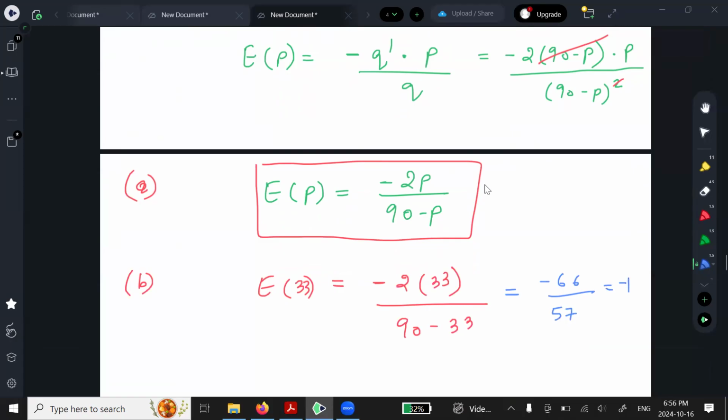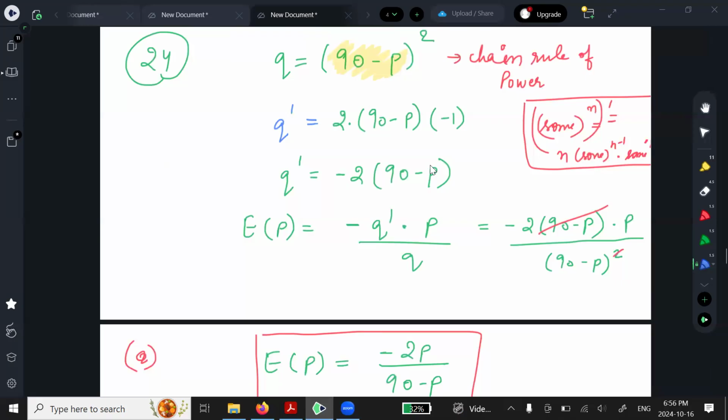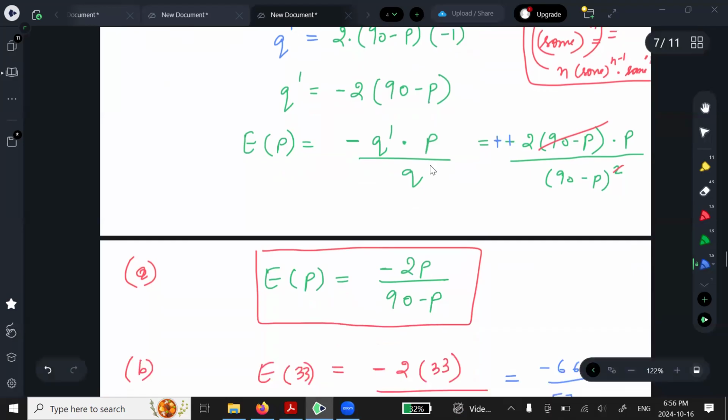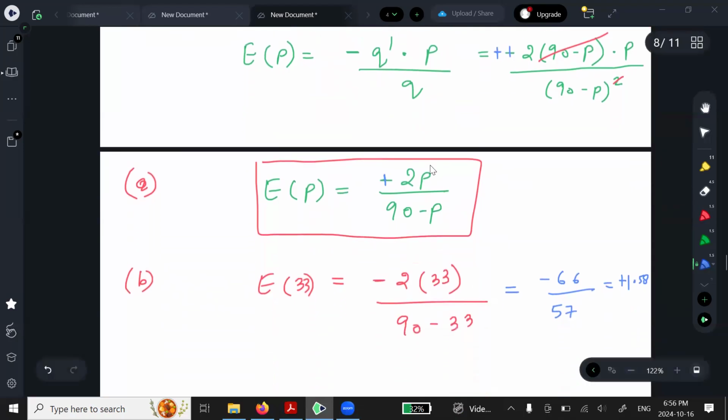Okay, so it is. See, I forgot. I had a negative already, right? You see me screwing up? Don't be me in the exam. Yeah, so you get more than 1.